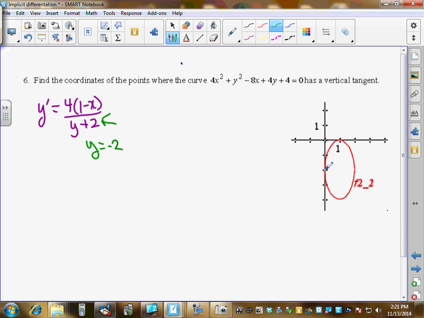And if you look here, when y is -2, there is going to be a vertical tangent there. Also, look, there's going to be another one there because there y is also equal to -2. So it's going to be something -2 and then something -2.